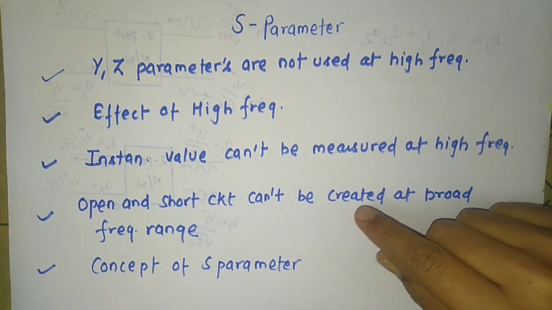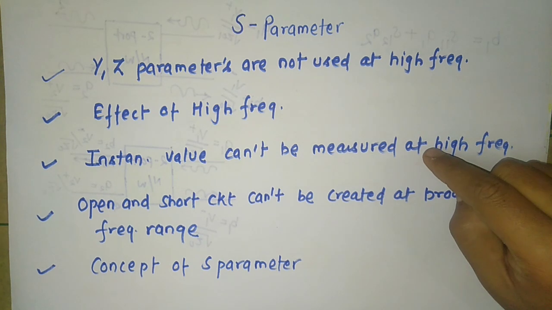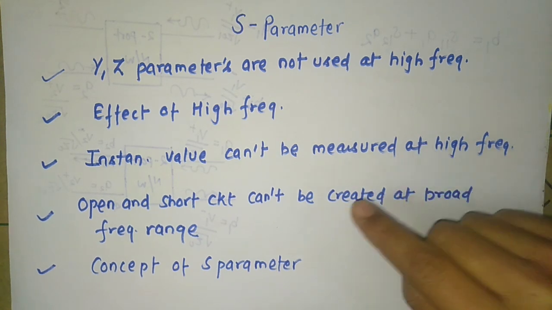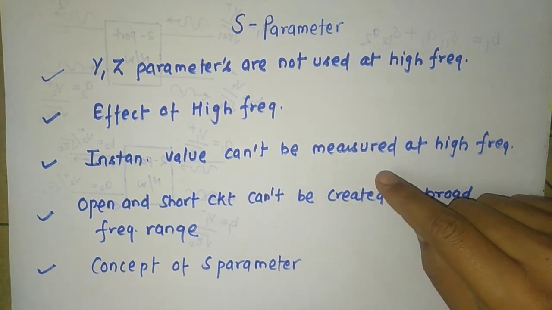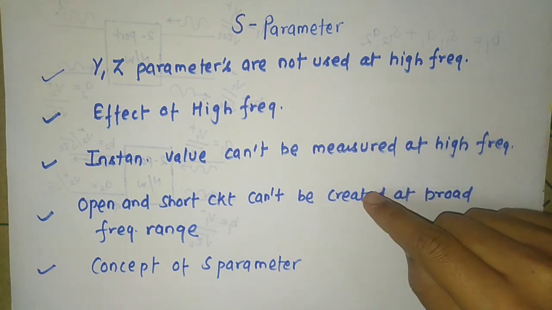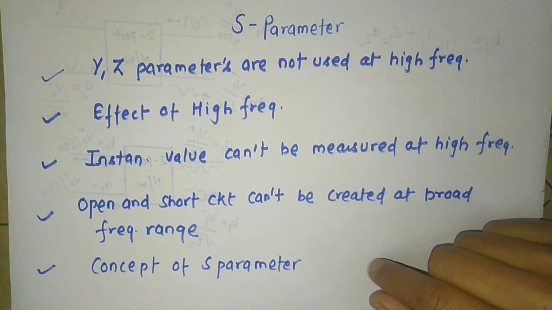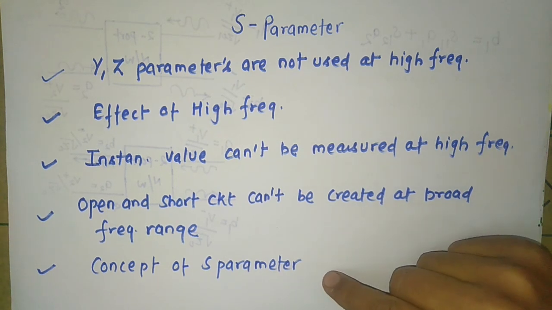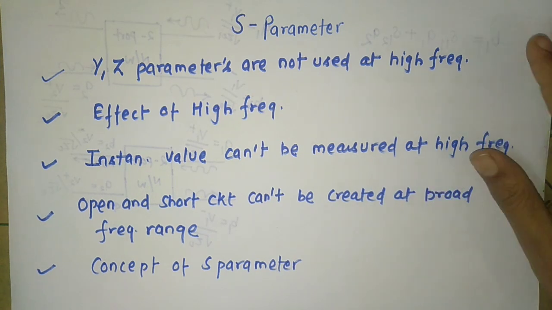In the case of high frequency, we can't measure the instantaneous value, and open circuit and short circuit can be created only at one or two frequencies, but it cannot be created for a broad frequency range. At last we will see the concept of S parameter also. So let's begin.